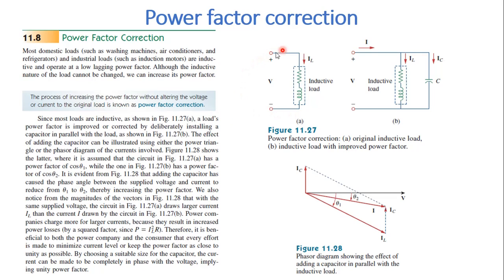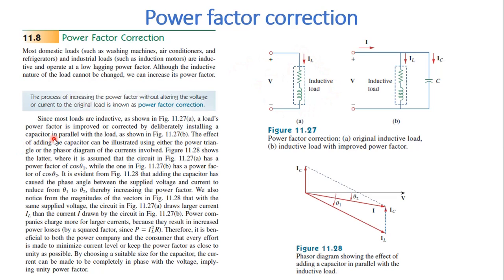Now look at this circuit diagram. We have a supply of voltage V and an inductive load, a resistance and an inductance connected in series. The current absorbed by this load is taken as IL. This is the original inductive load, and we are going to improve its power factor.